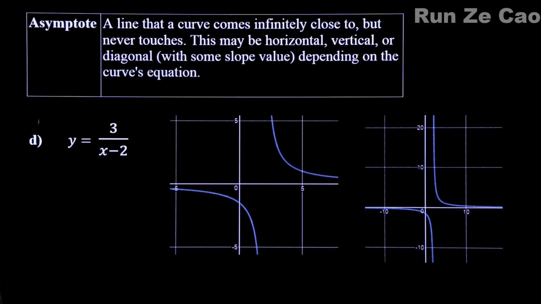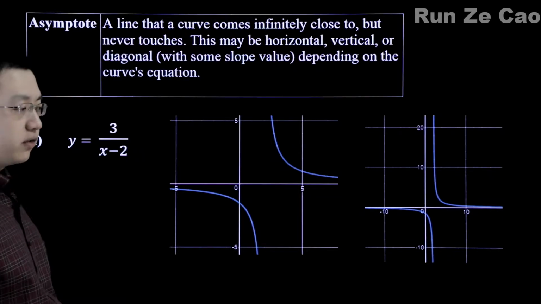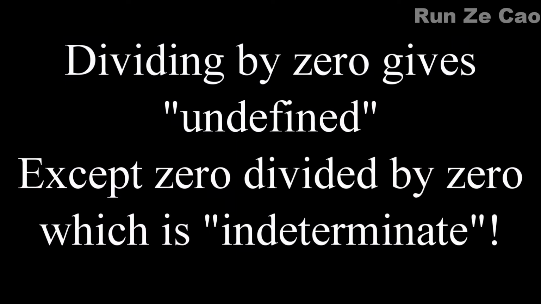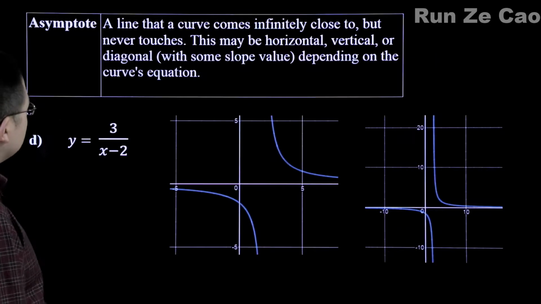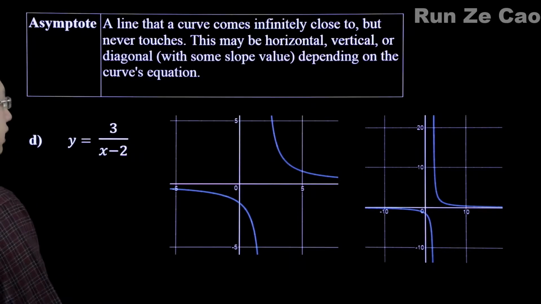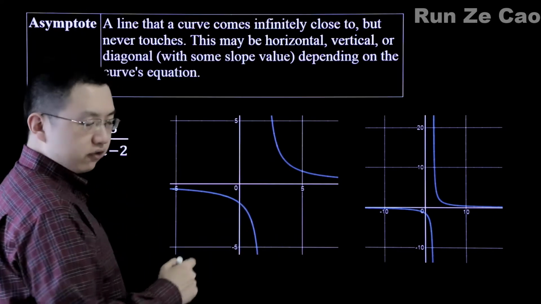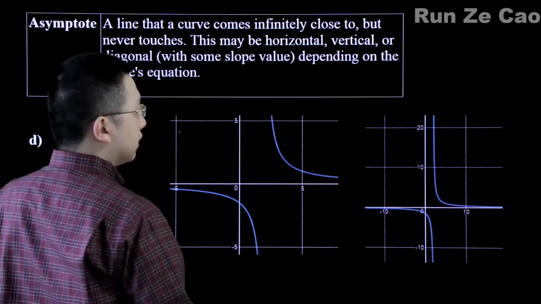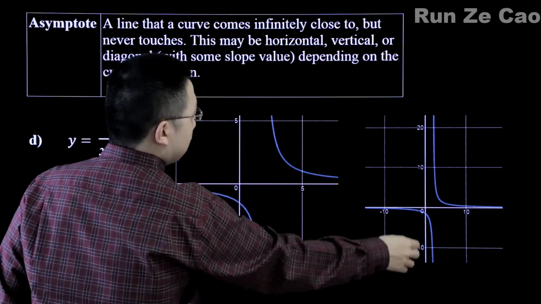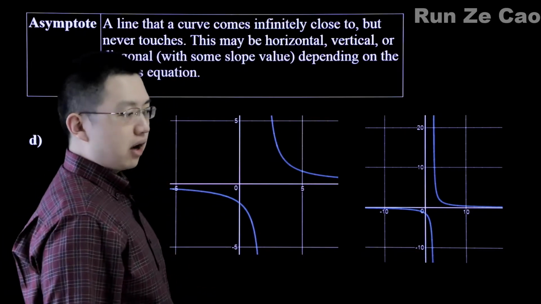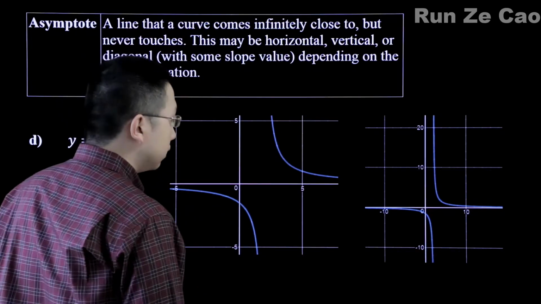we cannot divide by 0 and get a real value. Therefore, we know that x cannot be equal to 2. So these two are the exact same diagram at different scales, and we see that there is no value of y such that x equals 2.